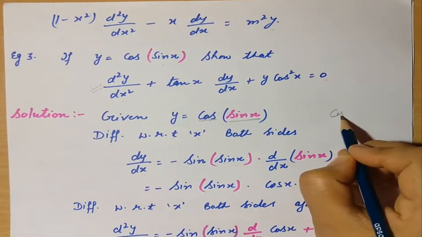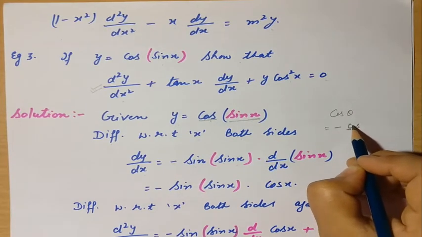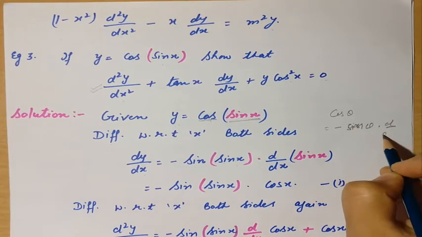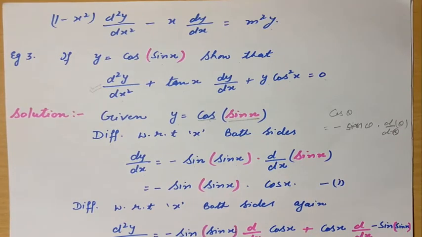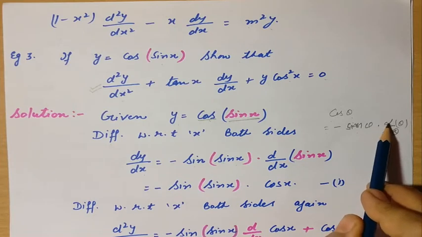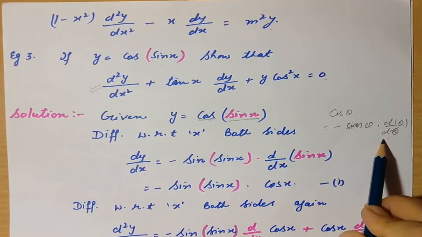Differentiation of cos theta is equal to minus sin theta into differentiation of theta.